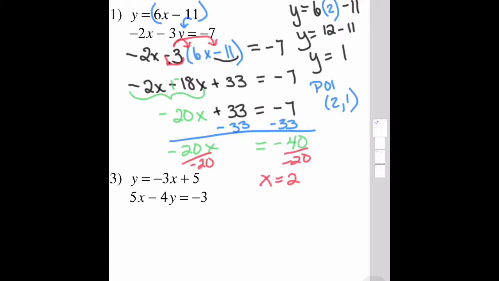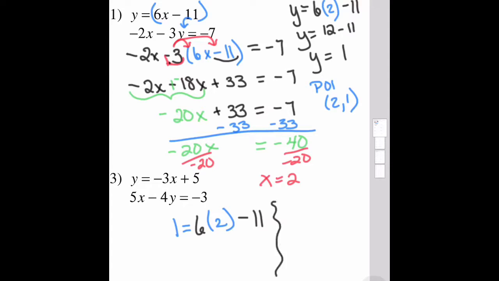Step 5 says to plug it into both equations and verify it. So I will put the checks right below number 3 here. So I have 1 equals 6 times 2 minus 11.